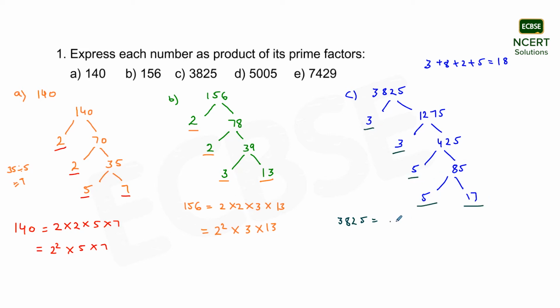So this will be equal to 3 into 3 into 5 into 5 into 17, or I can write it as 3 raised to power 2 into 5 raised to power 2 into 17. So I have represented the number 3825 as the product of its prime factors.